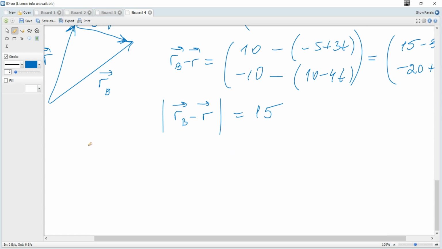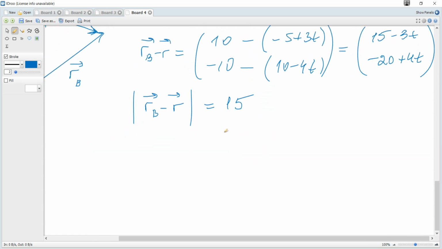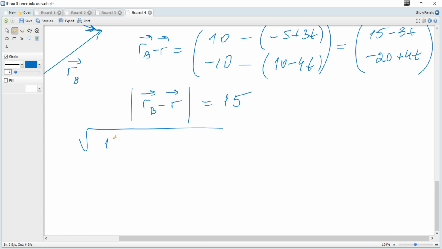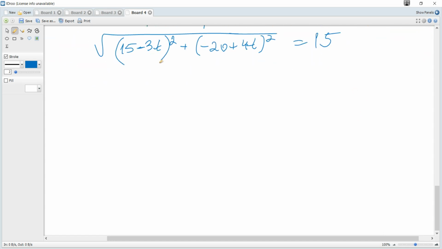It's the square root of the sum of squares, so it becomes the square root of (15 minus 3t) squared plus (negative 20 plus 4t) squared, which is 15. If we square both sides, I can rewrite it as 3t minus 15. It doesn't matter because 5 squared is 25 and negative 5 squared is also 25.